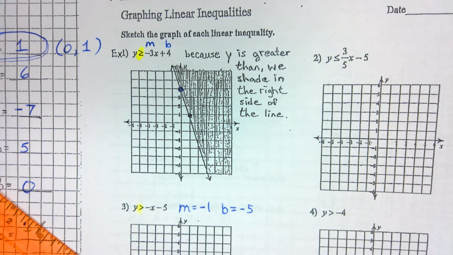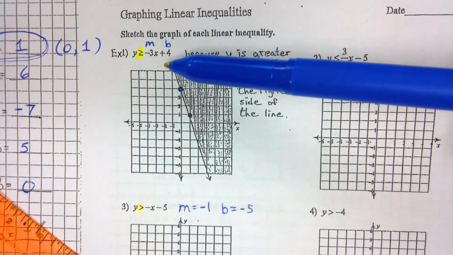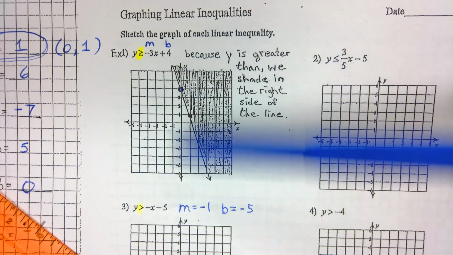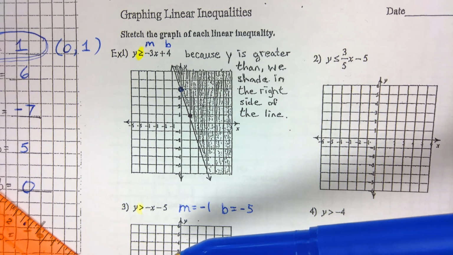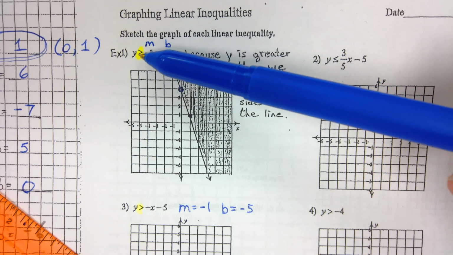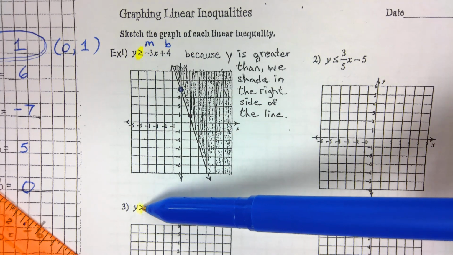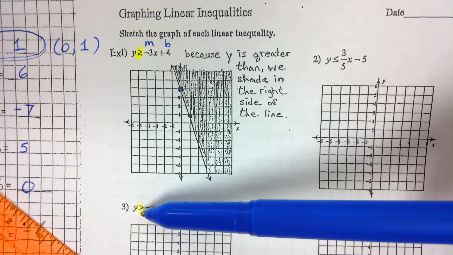Now if you take a look at the symbol, what's the difference in the symbol? Look at the two inequality signs in example 1 and in example 3. Shanek? Right, this is only greater than.